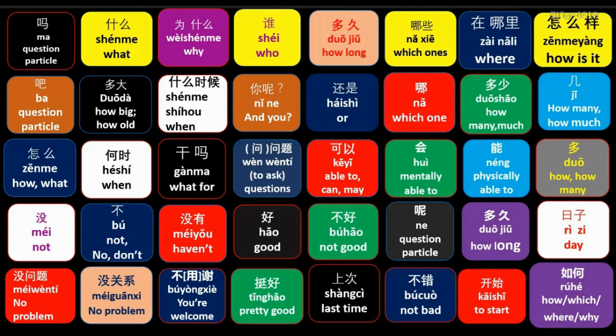Now, there's another one, which is na. It's not really new. If you remember, we said if you want to ask and you, which we said in Spanish is y tú, you can also use ni. You know ni, that means you. And then na, that's a question particle, which translates ni na into and you.